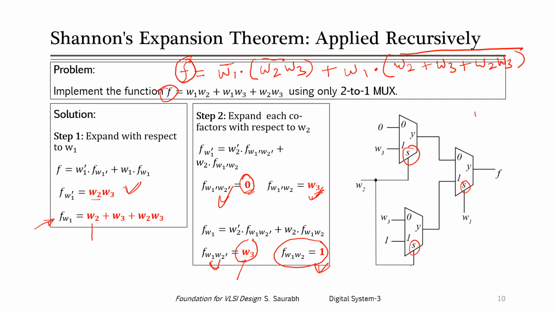This was just an illustration of the Shannon expansion theorem, to understand how we can represent a given Boolean function in another way. But you should note that the Shannon expansion theorem is very powerful and is used widely in VLSI design for many purposes, as you will see in advanced courses.